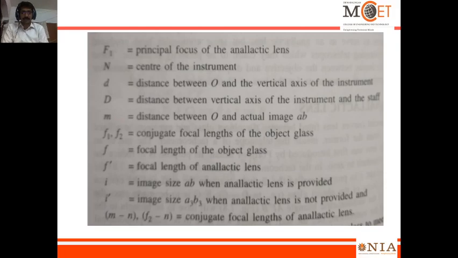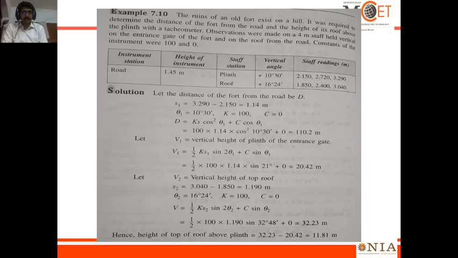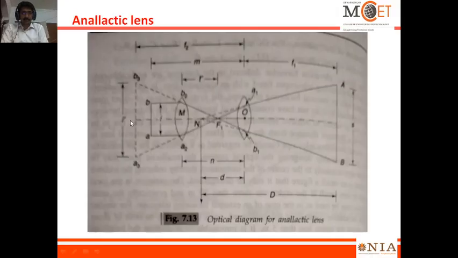So M minus N and F2 minus N become the conjugate focal lengths of the anallactic lens. This M minus N distance becomes the new conjugate focal length.